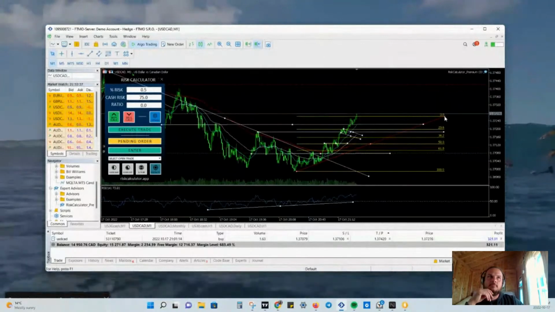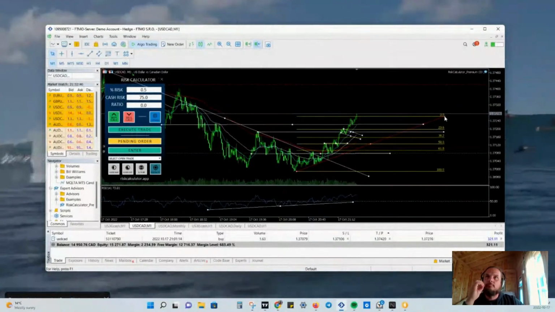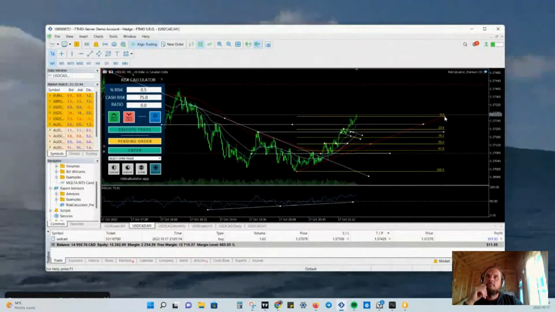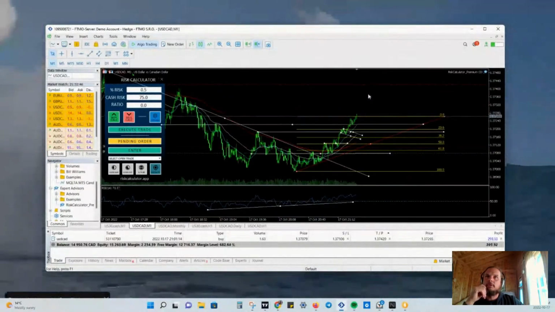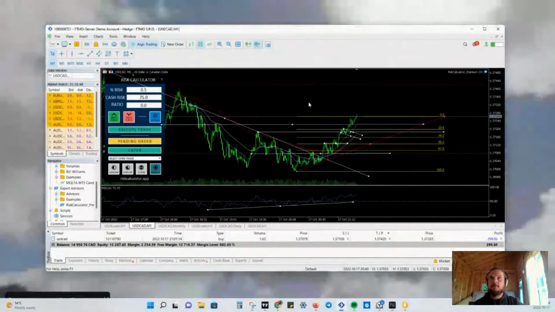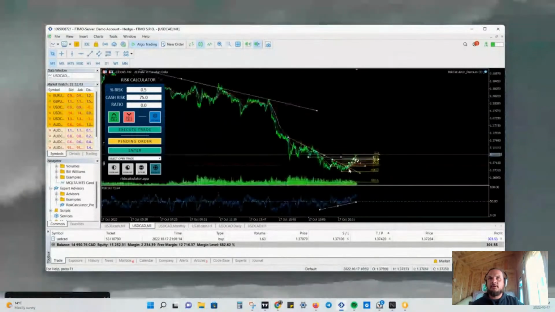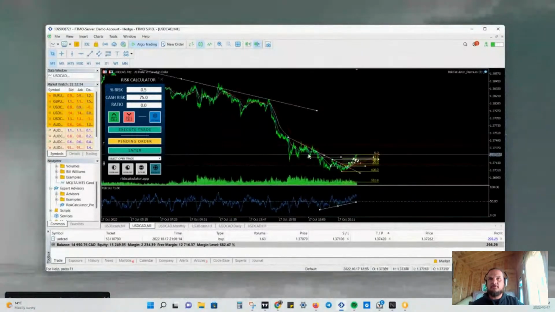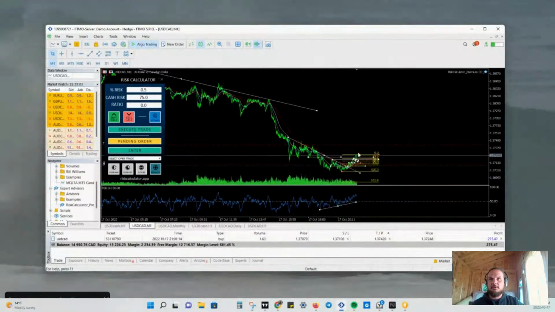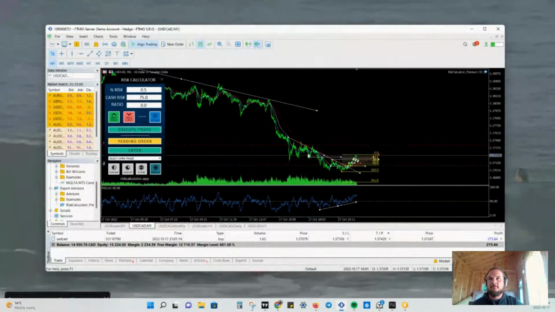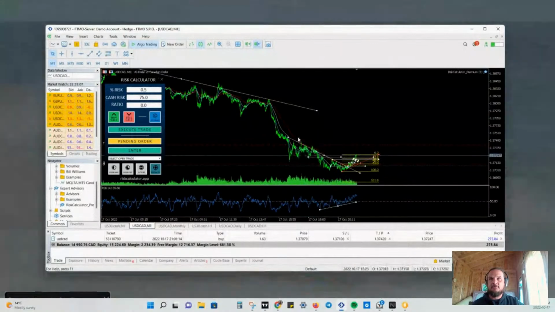All right. Now I don't want to be greedy. And we're definitely going to come into an area here. This was support, right where we're at, which broke down. So it could become resistance. This is the high side of this area.